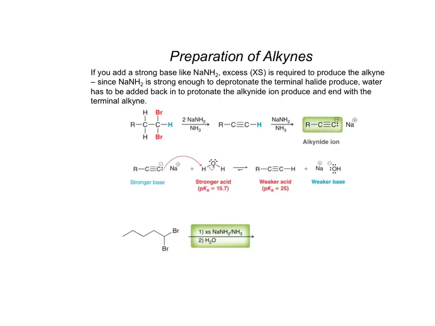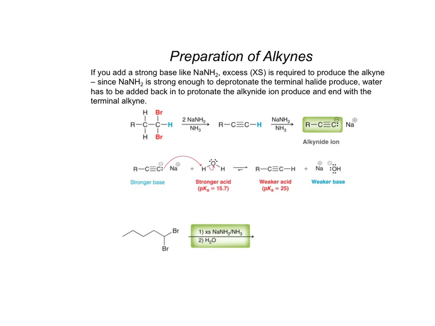So to make an alkyne, we're going to have to start with a dihalide. Then we're going to need two equivalents of our sodium amide in the presence of ammonia. To drive this reaction to completion, though, we introduce a third equivalent of our sodium amide to produce our alkynide ion, okay?